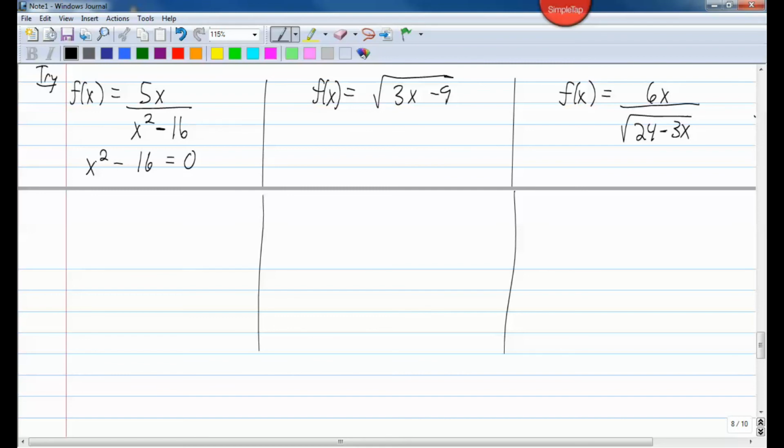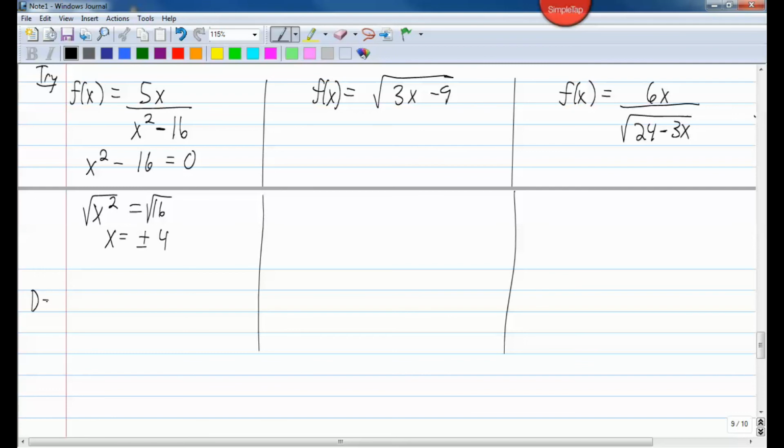The easiest way to solve this is the square root property. Move the 16 over by adding 16 to both sides. Take the square root of both sides. X equals plus or minus 4. So that's what we do not want x to equal. We don't want it to equal a positive 4 or a negative 4.